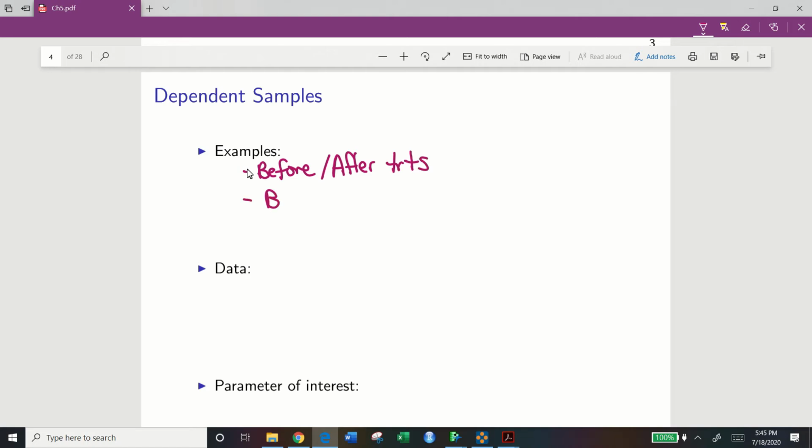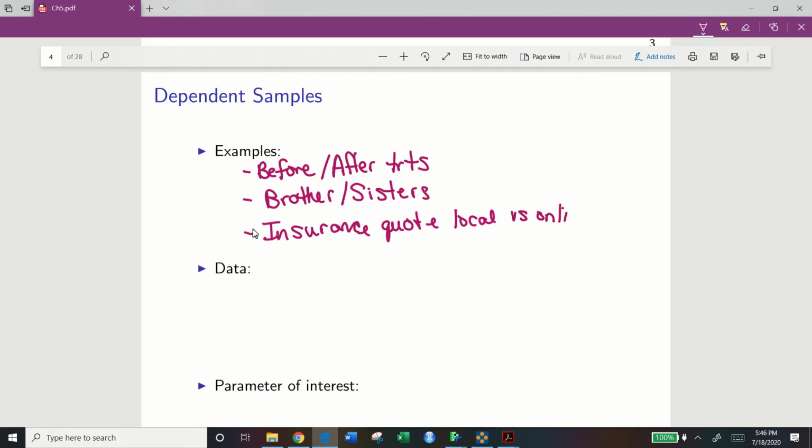Another could be brother and sister experiments. And something more simple could be taking an insurance quote from a local insurance company versus going online.